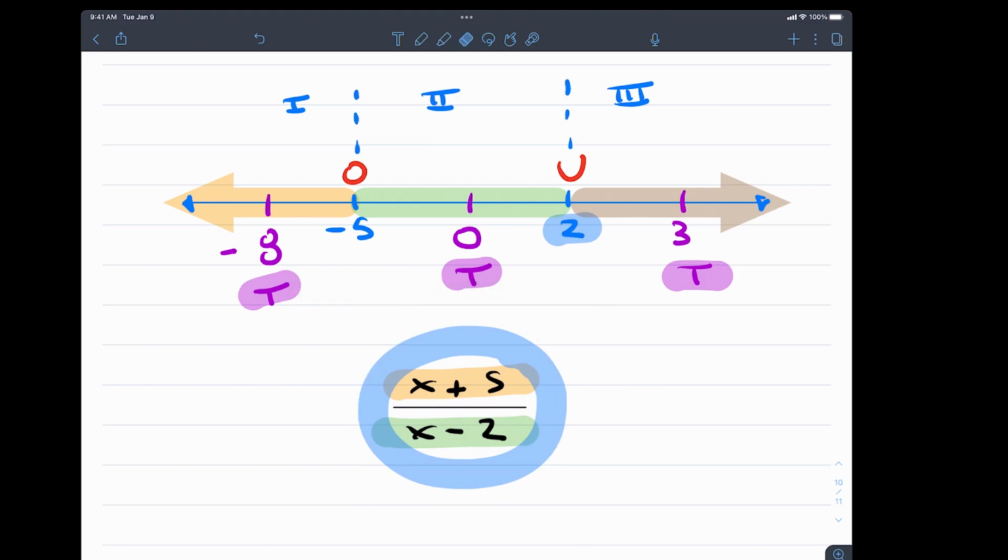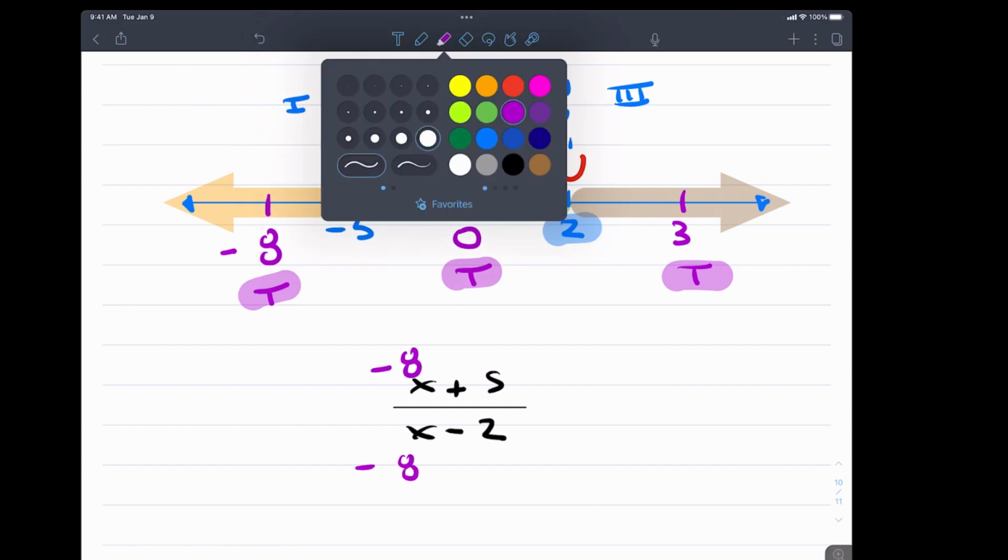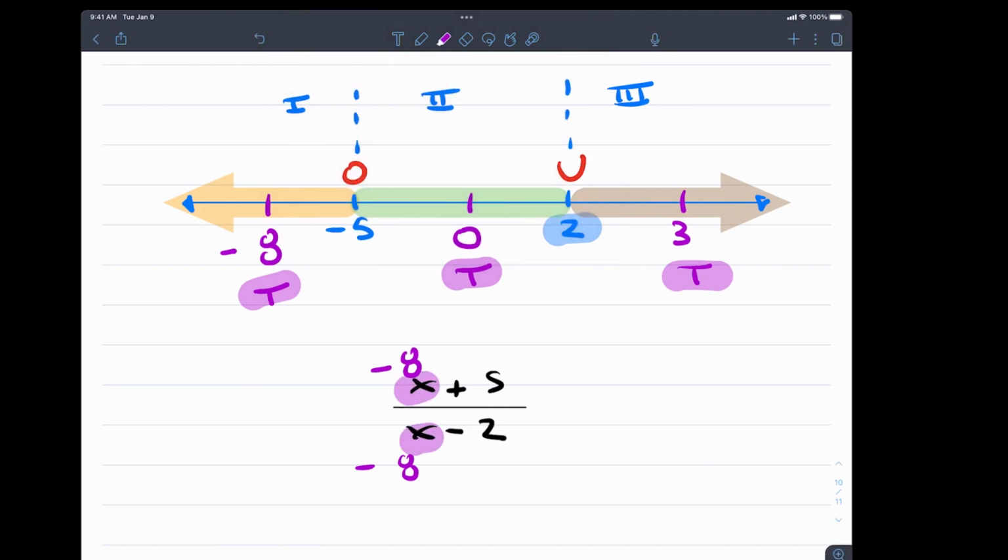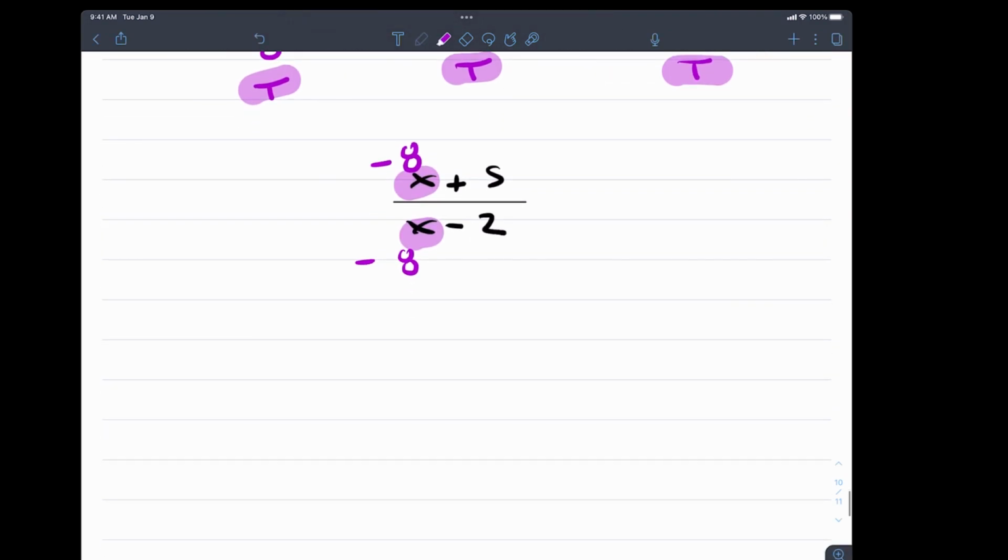Okay, so what do you guys do here with this? What do you put in? -8. Is that right? -8 goes in here and here. -8 plus 5 over -8 minus 2. What's -8 plus 5? -3.